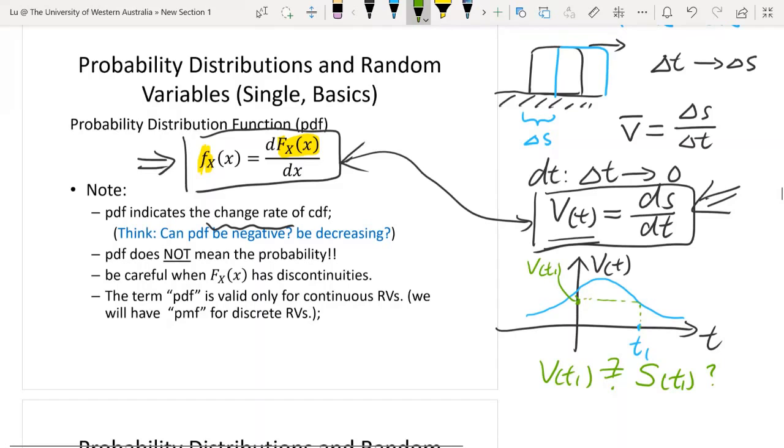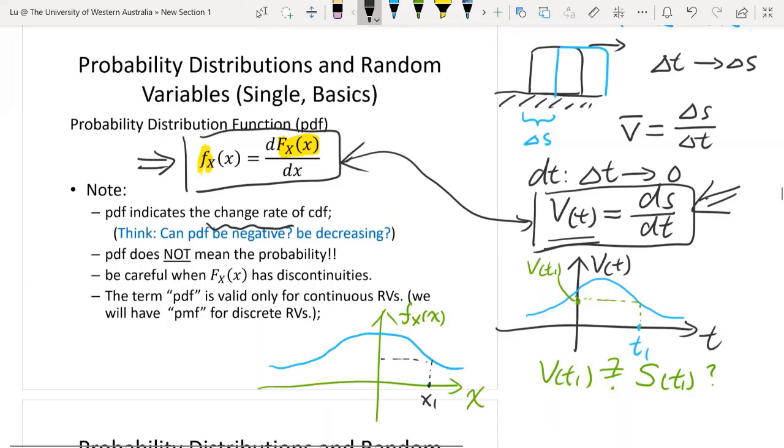Similarly, if we say we got a curve, x is the horizontal axis, and we want to draw the PDF of the random variable capital X, we assume the shape of the PDF function curve looks like this. At a particular x1 value, we are finding f_X(x1).